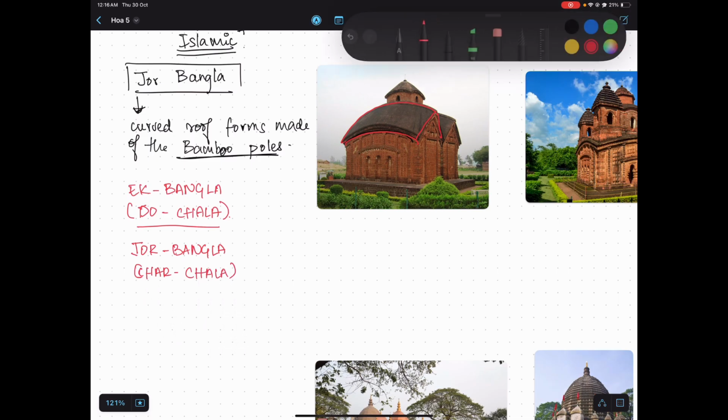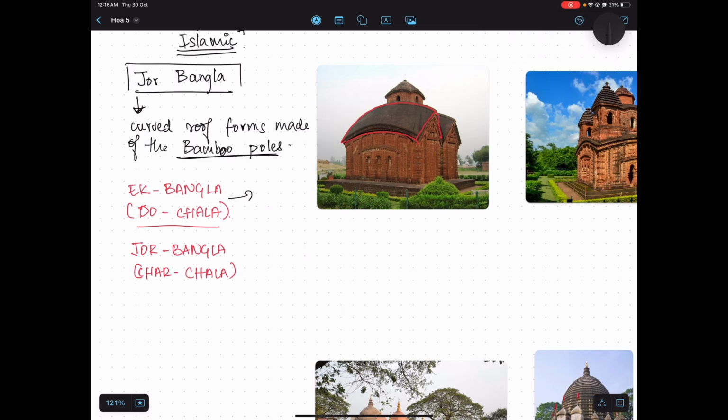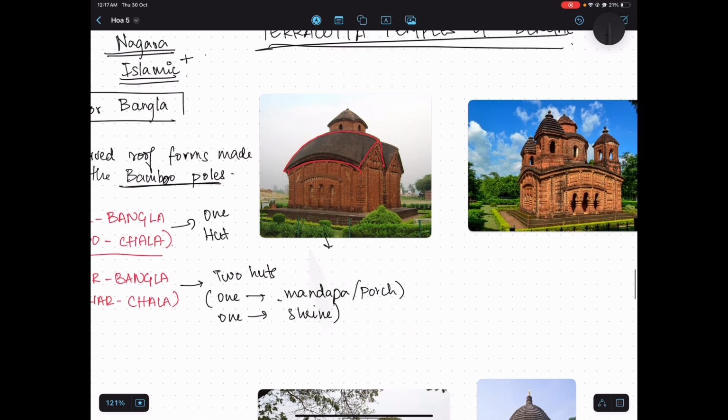So Ek Bangla or Do Chala is the hut alone, and Jor Bangla or Char Chala is 2 huts, with one being the porch and the other being the shrine. As you can see, you have 2 huts here. So this is Jor Bangla.